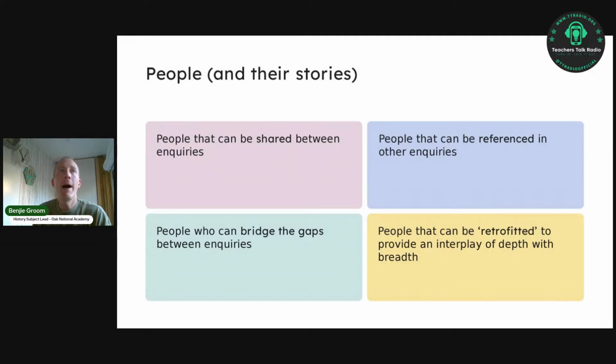If you have an inquiry that is great on the overview, great on the breadth, on the big national picture, but it's just missing that something, maybe what it's missing is that individual story, that really rich individual narrative of one person that can give a real human, tangible framework to the bigger picture. So I'd encourage thinking about that. That's something you can look at.